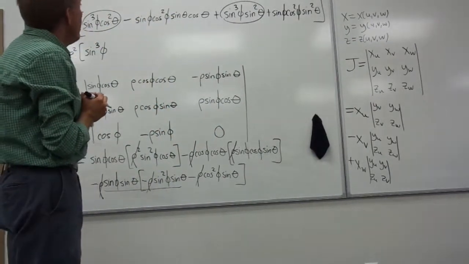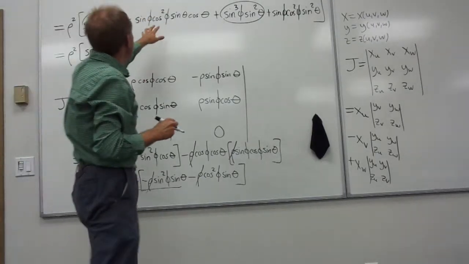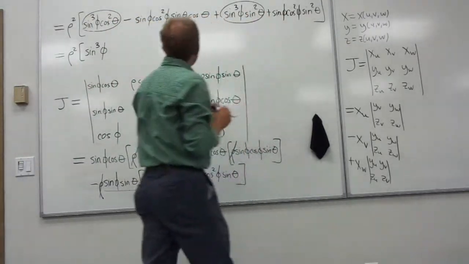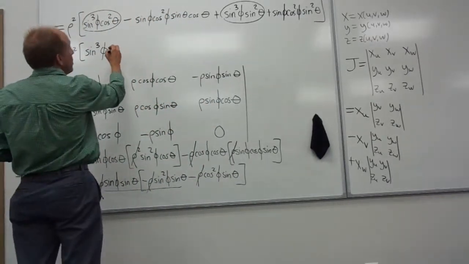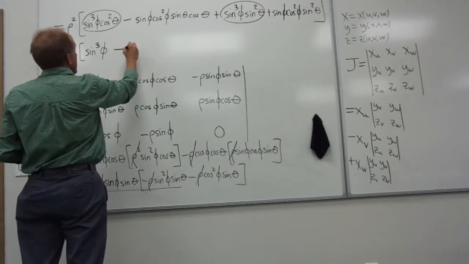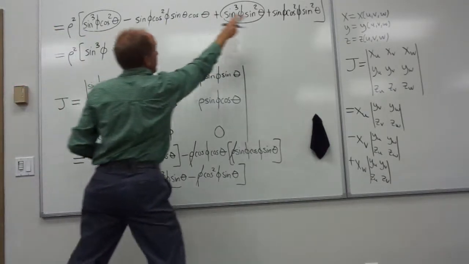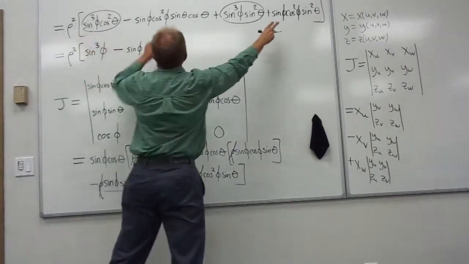Okay? Now, if we look at the second and fourth terms, this term and this term, let's see, what do we have in common on those terms? Almost everything, right? So, let me write this as minus. There's a sine of phi in both terms. There's a cosine squared of phi in both terms.